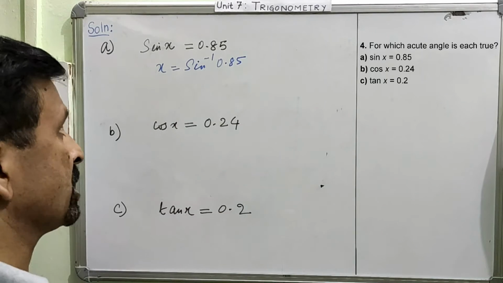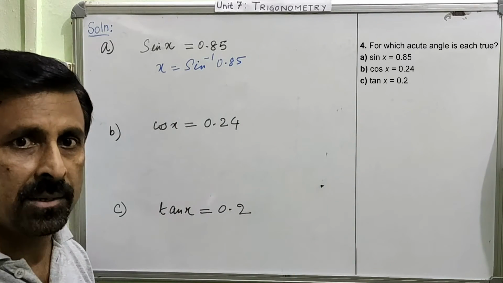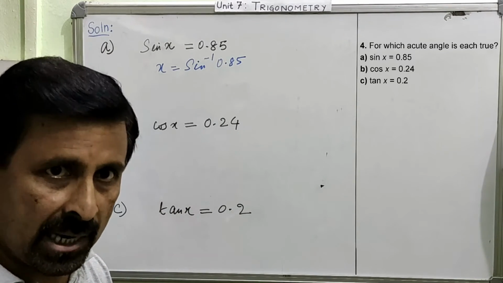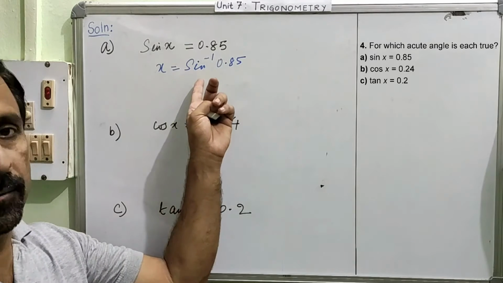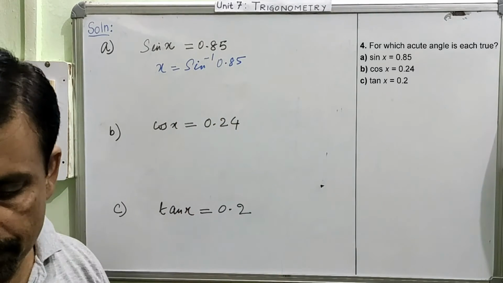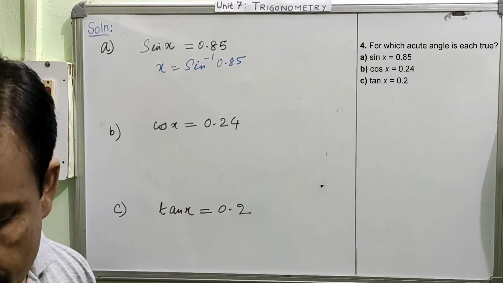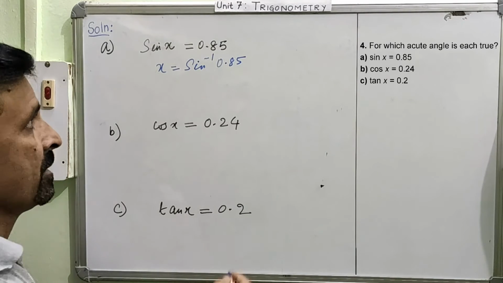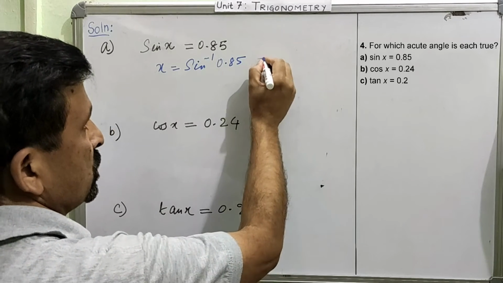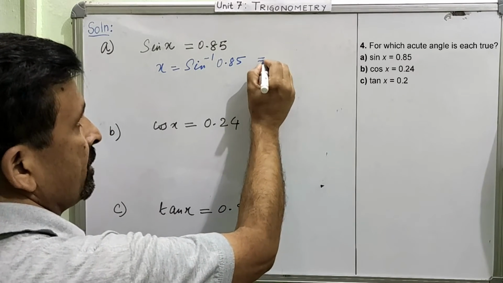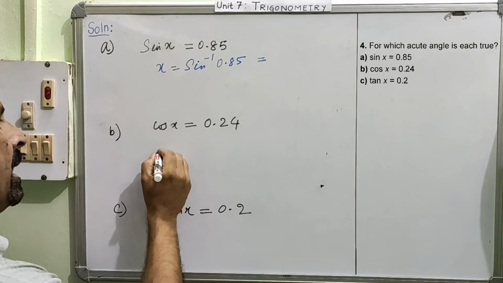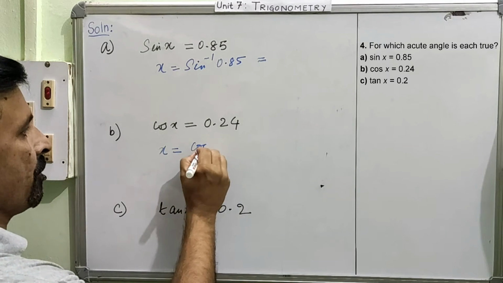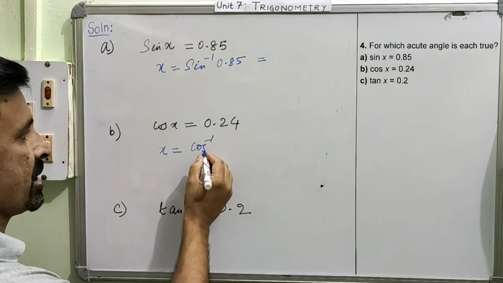After that you can use the calculator: press shift and then press sine, and you will get sine inverse. After that, type 0.85. Is it very clear? Similarly here, x is equal to cos inverse 0.24, because cos goes to the other side and changes into inverse.